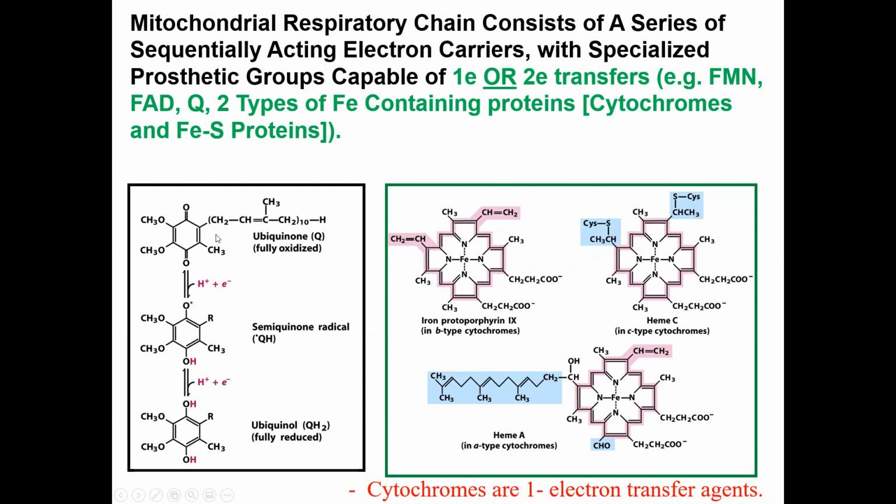And so on the top, I'm showing you this structure of ubiquinone that is in the fully oxidized form, right? And so in the fully oxidized form, it exists as a quinone. Now, ubiquinone can do both 1 electron and 2 electron redox processes. And so if it is doing 1 electron reduction, you'll end up generating a semiquinone radical that is shown here as QH dot.